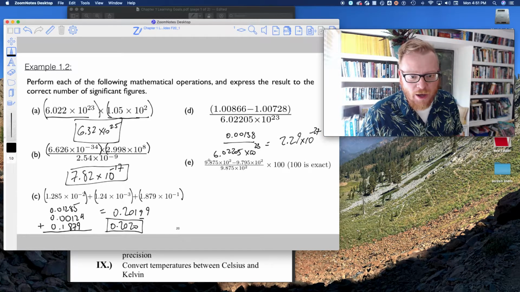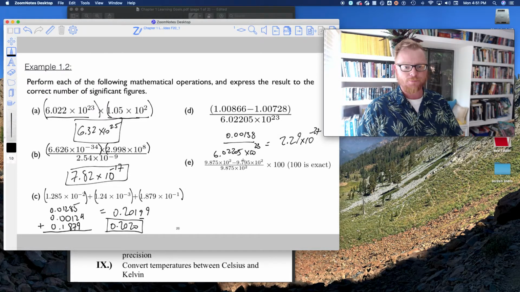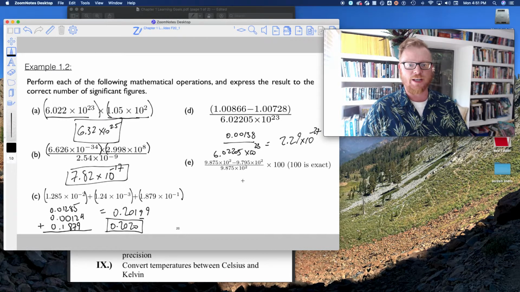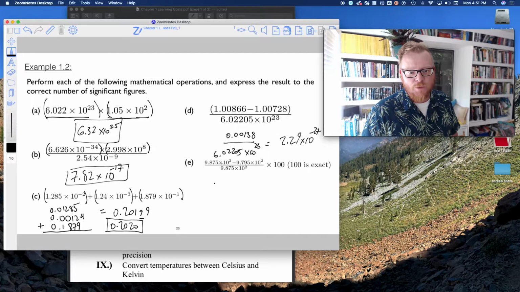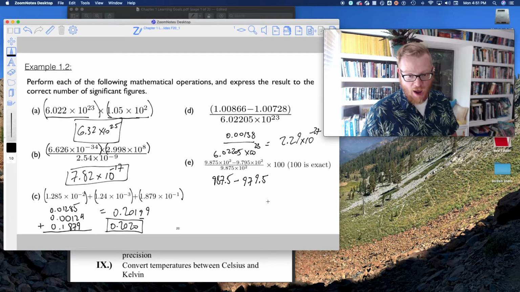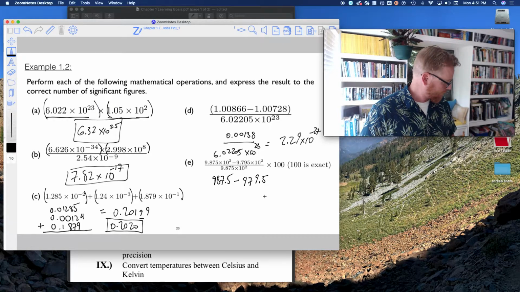So if we go, here this has 1, 2, 3 decimal places, and this has 1, 2, 3 decimal places, okay? But you also notice that these are rather big numbers, right? So I'm going to rewrite that as times 10 to the 2, so that's 987.5 minus 979.5, all right?